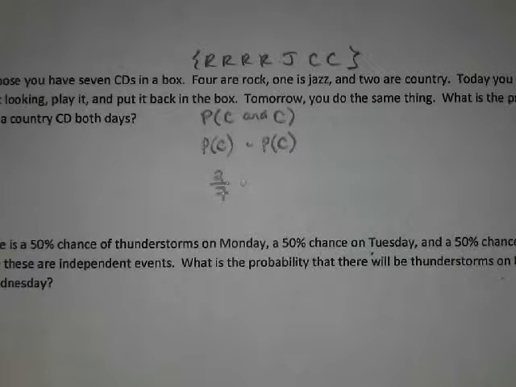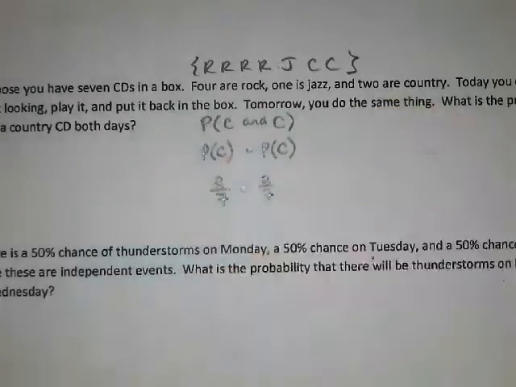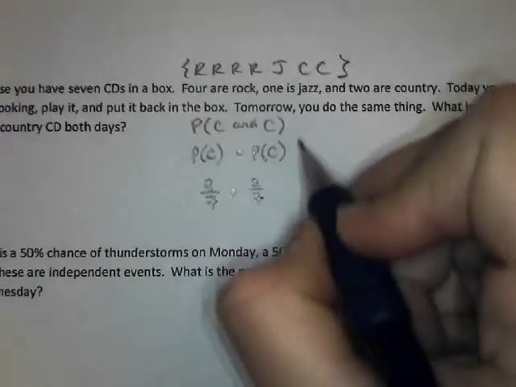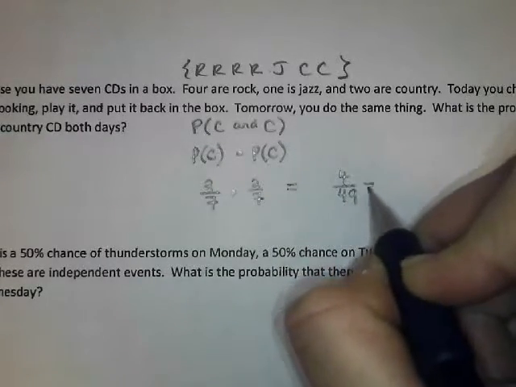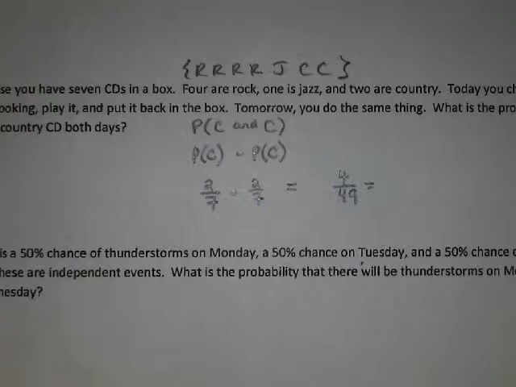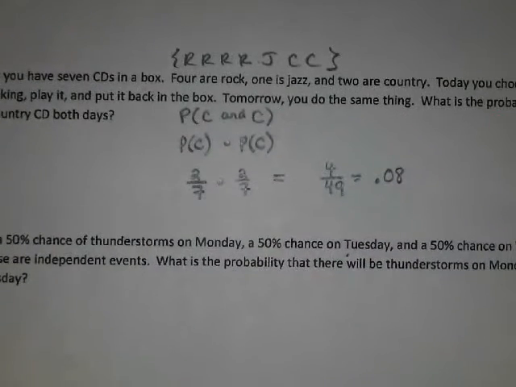So on the second day, there's still 7 CDs, and still 2 out of the 7 are country, again. So when we multiply, we get 4 out of 49. As a decimal, that's 0.08. 8% chance.